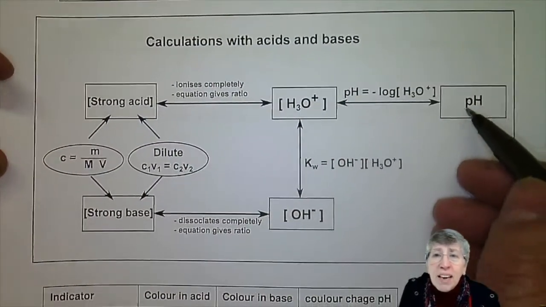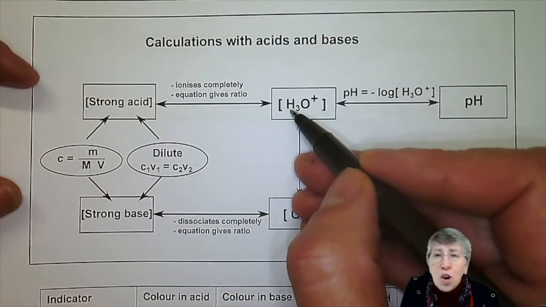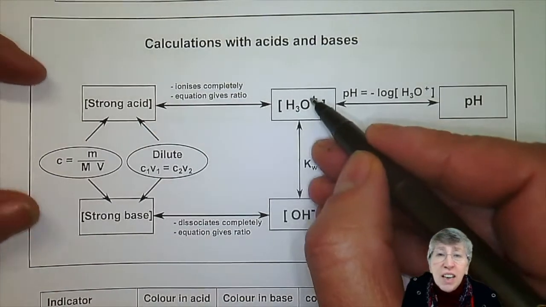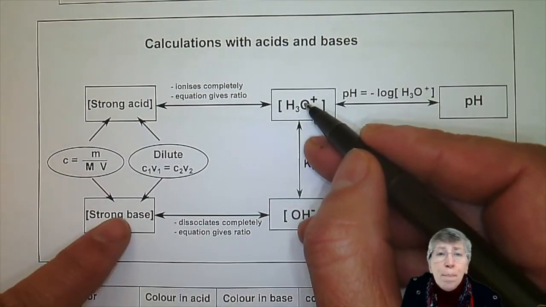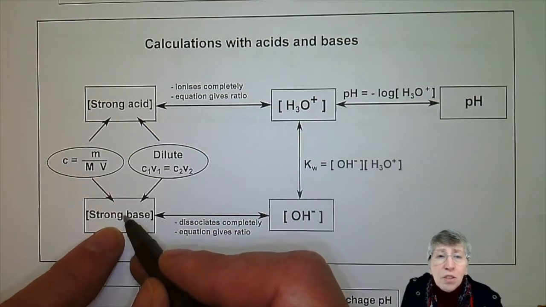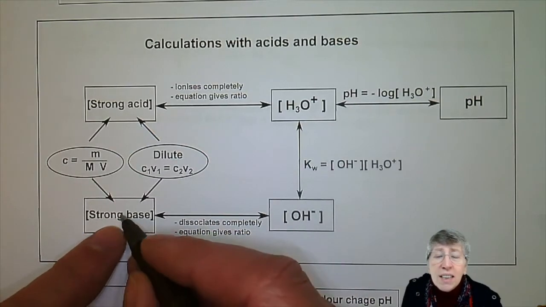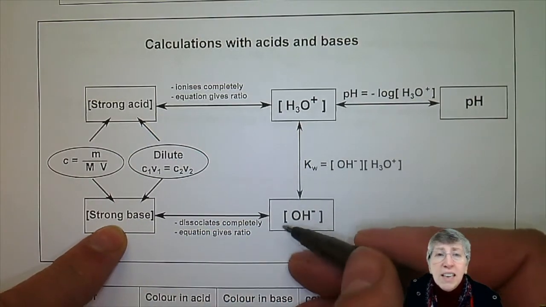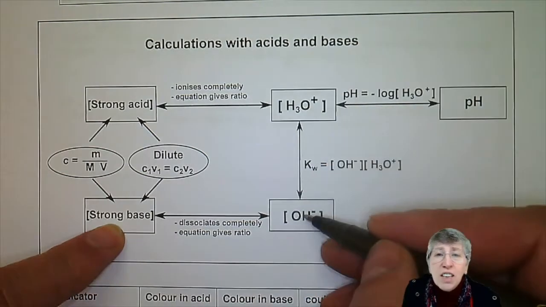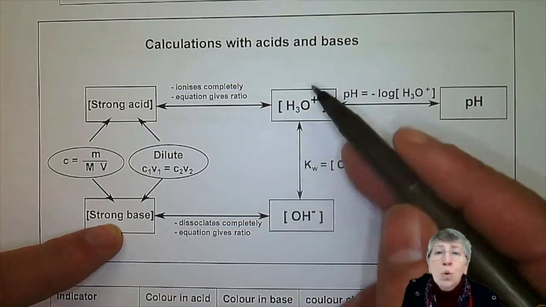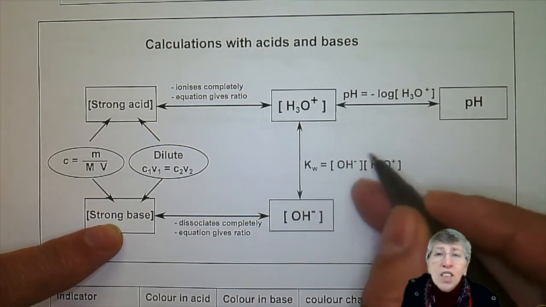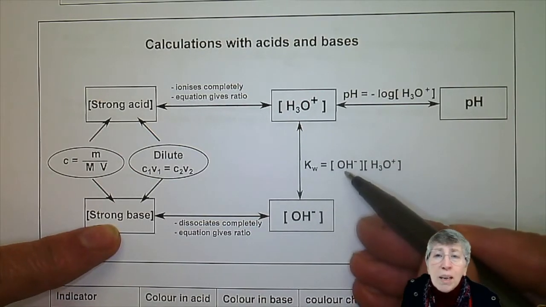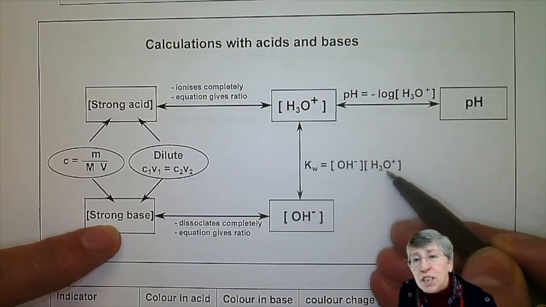Now, to get to pH, I need the hydronium ion concentration. And that, from a base, will be, I'll have to take the concentration of the base and first get the OH minus and then convert that to the H3O plus, right? If I'm in a watery solution, that equation is the one that's going to tell me if I've got the OH minus, how much H plus I'm going to have.